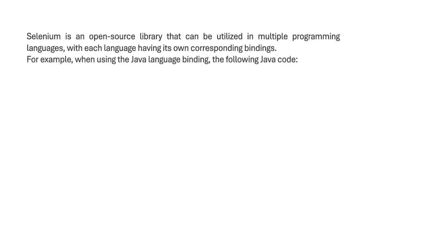For example, when Java language binding is used, it uses code like ChromeDriver = new ChromeDriver. Suppose I have written my code in Java. Now I want to talk to the Chrome driver using my Java code. How the communication happens, this is what we will see in this architecture.